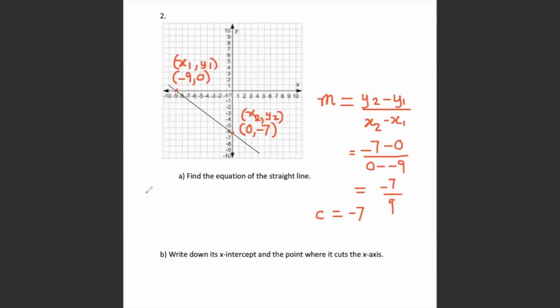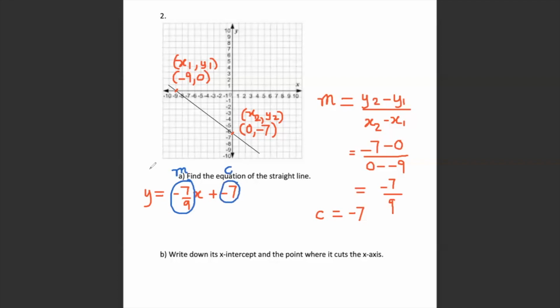So we can write our equation as y equals mx plus c. So m is -7 over 9, this is m times x, mx plus c. So this is c. Let me write it here clearly so that you're not confused. So this is our m, and that is our c.